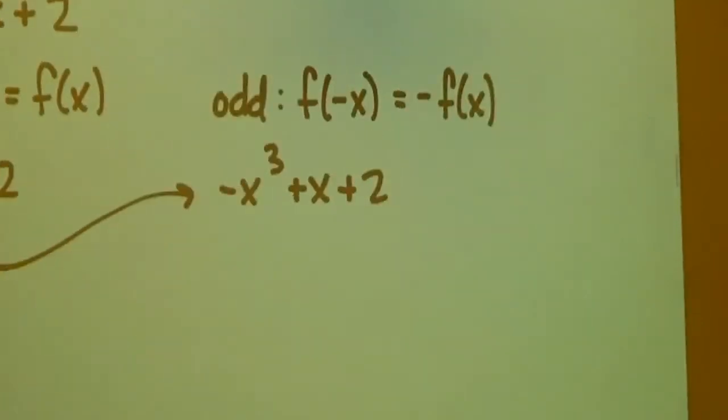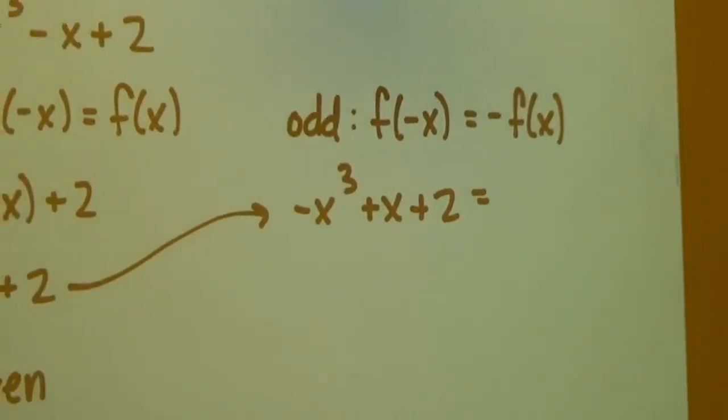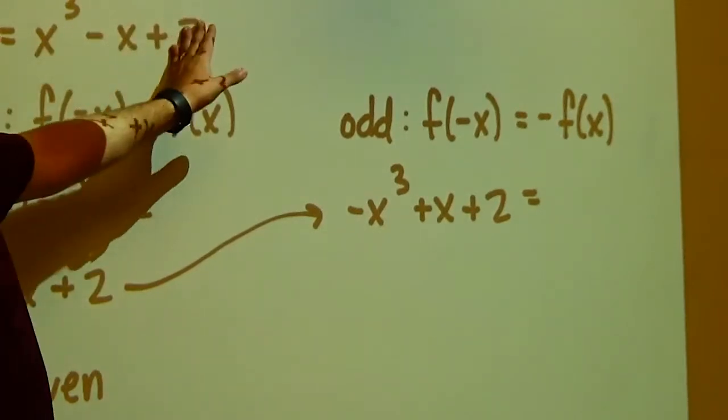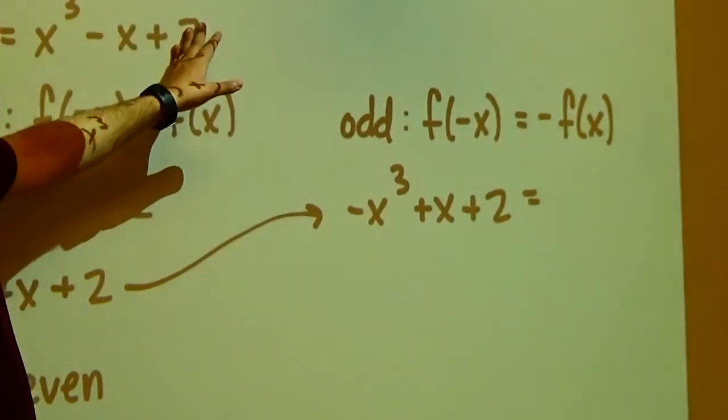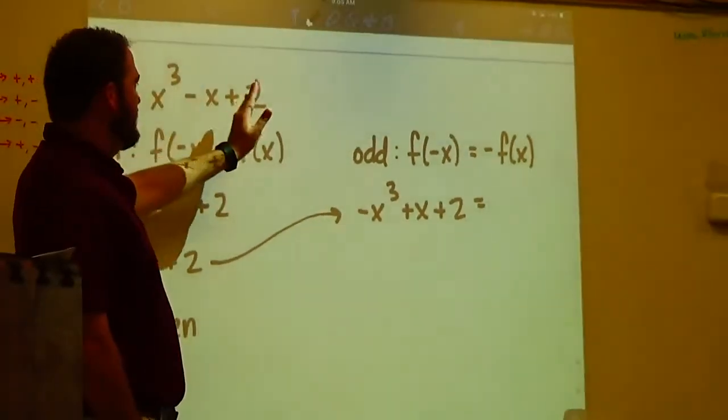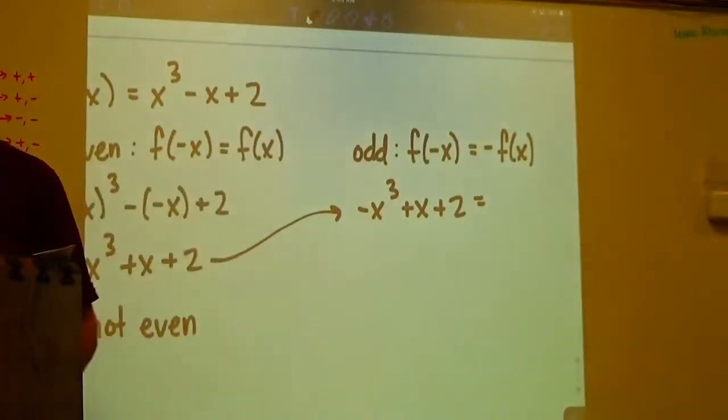Now, if we want to do negative f of x, that means I take this whole thing and change the signs. So this would be negative x cubed plus x plus, or sorry, minus 2.